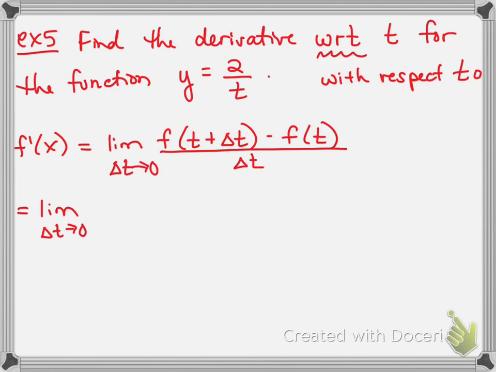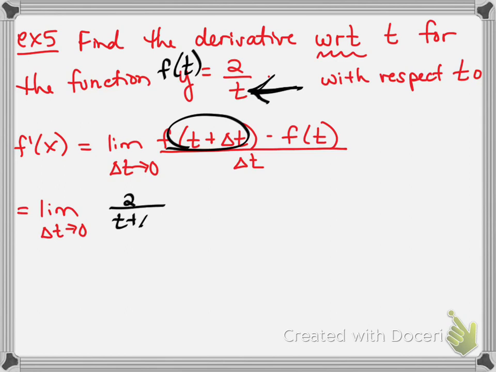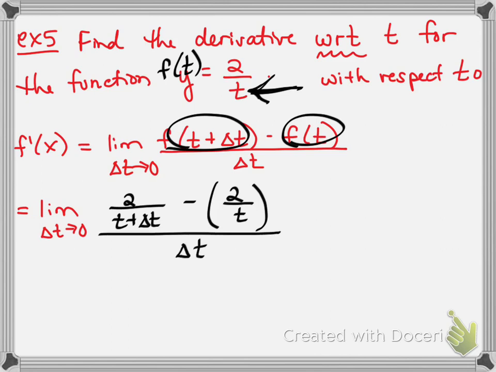Now we're going to do this first part. We're going to go to our function, which y is f of t in this form, and we're going to put everything right there in that t. So it's 2 over t plus delta t minus, now we're going to just write down the f of t, all over delta t. This is a fraction.